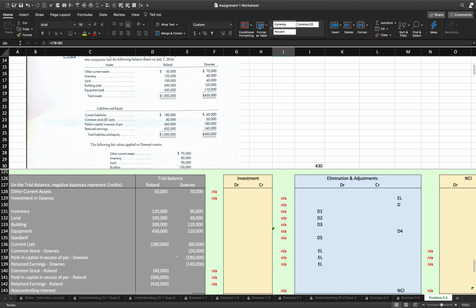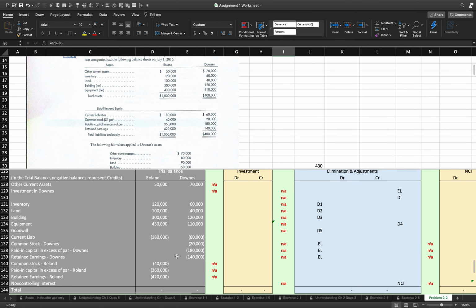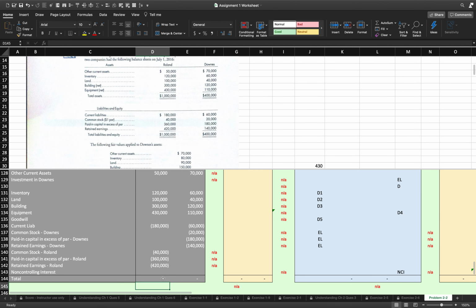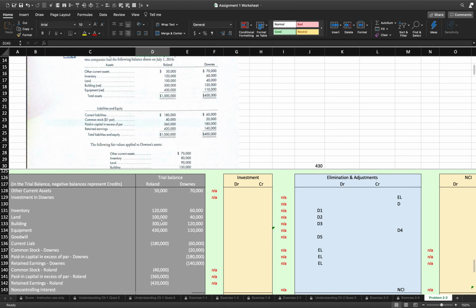Just note that something new that we've learned in these chapters is that we put in all of the credit amounts as a negative. And what this does for us is that when we have a sum total of all of the items on a chart of accounts, or rather the trial balance, and if the sum total is zero, that tells us we're on the right track, in that all of the positives are equal to all of the negatives, and all the positives are simply debits, and all of the negatives are basically credits.